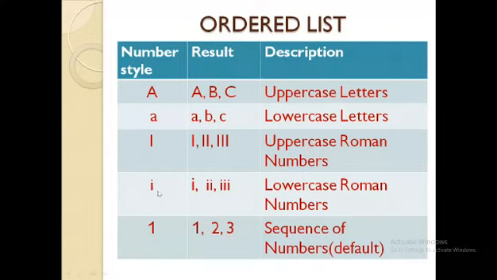Small i means lowercase Roman numbers will come. 1 is the default sequence of numbers. If you do not specify any number style, then automatically the list will take 1, 2, 3. Let us see the example.